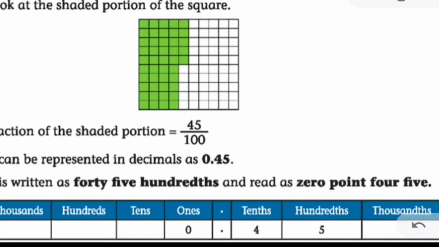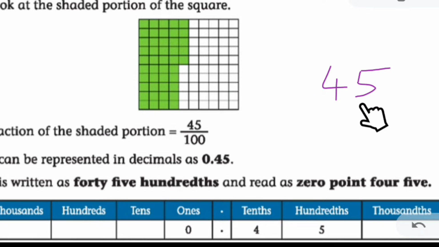I want to give you a tip. First, look at the denominator, 100, isn't it? How many zeros are there in 100? Yes, 2 zeros. First, write the numerator, 45. The denominator is 100, so 2 zeros are there.